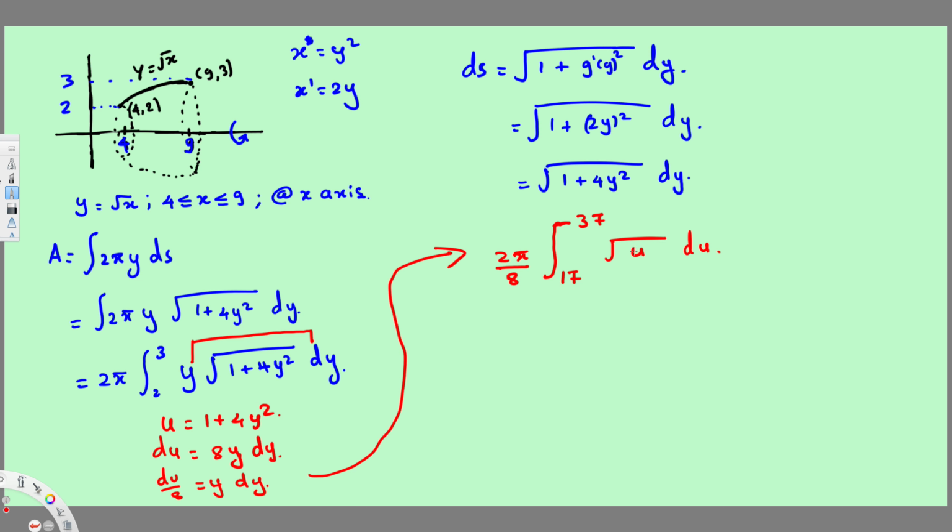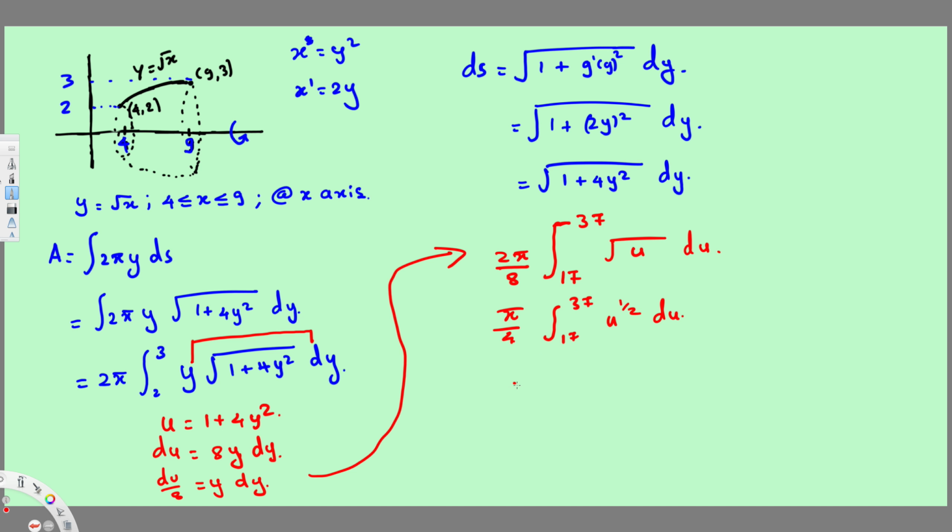Now I can write this square root of u as u to the power half. It's better to write it that way so we can see clearly. So this is going to be the integral from 17 to 37 of u to the power half du, and 2 pi over 8, that's the same as pi over 4.